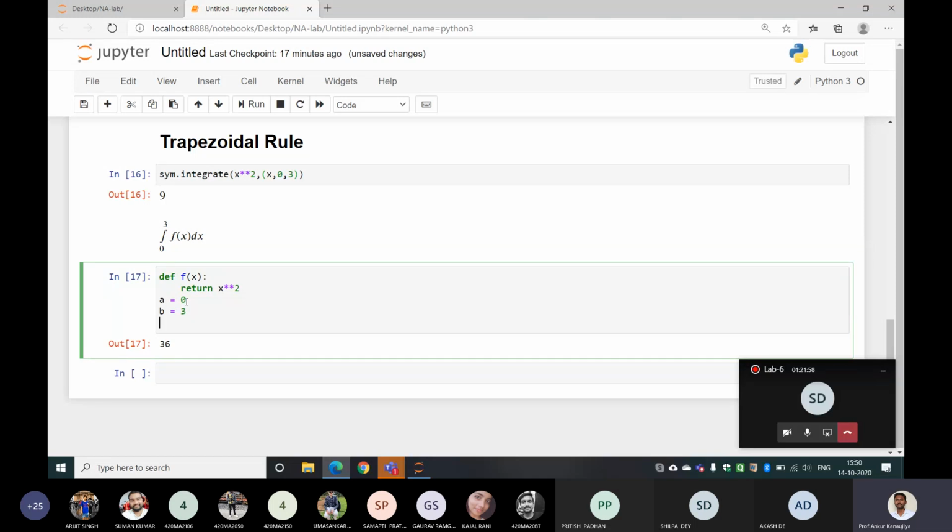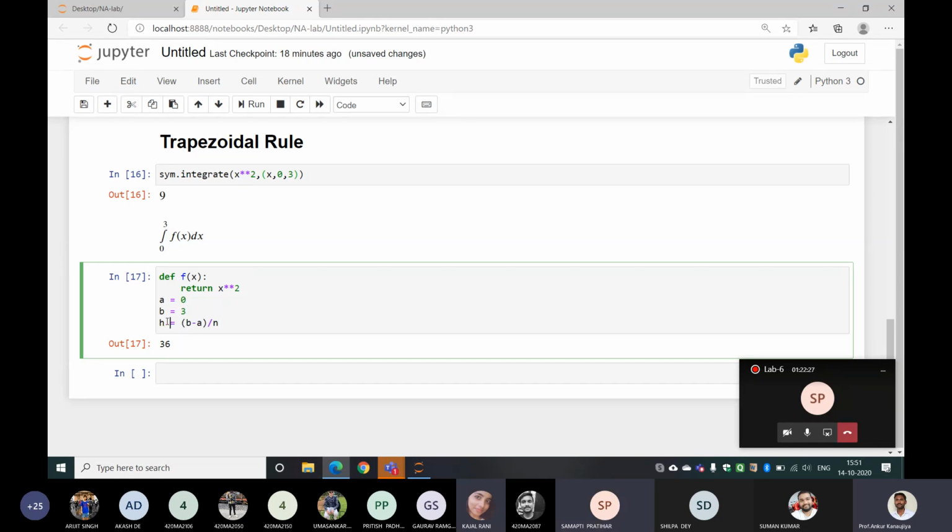So in the formula, h is required. H by 2 I have to write. So what is h? First tell me h so that I can write h. How to write h? B minus a divided by n. So what is n? N is not defined. B is known, 3. A is known. What is n?